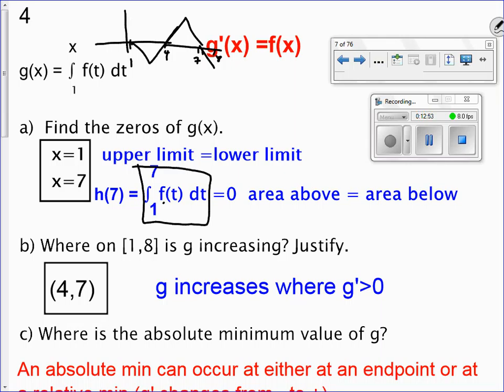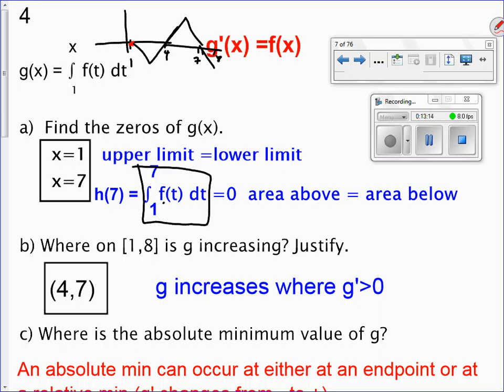So you see first how the derivative is negative. Your function's decreasing until you get to 4. At 4, the derivative is 0, f is 0. You can't see the original function. You know it's 0 at 1.